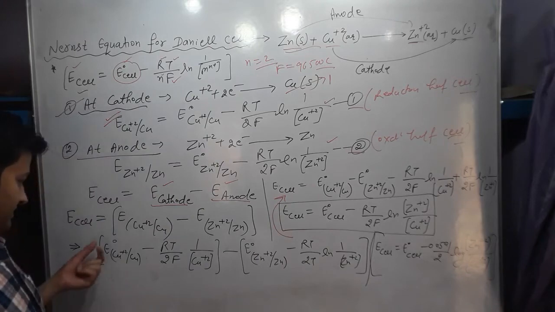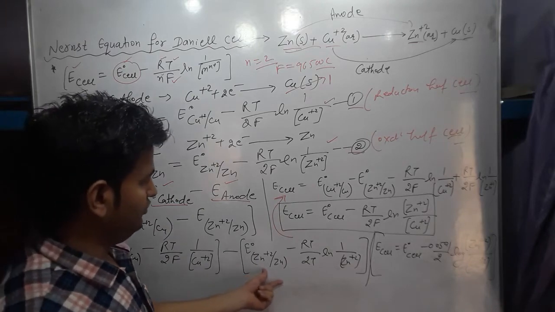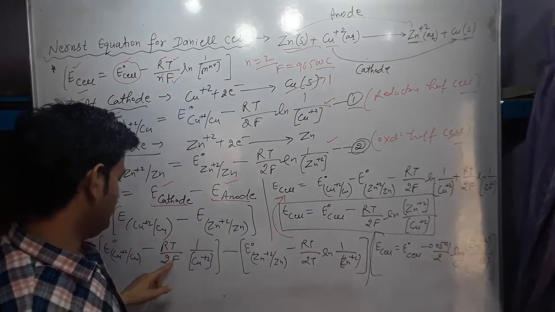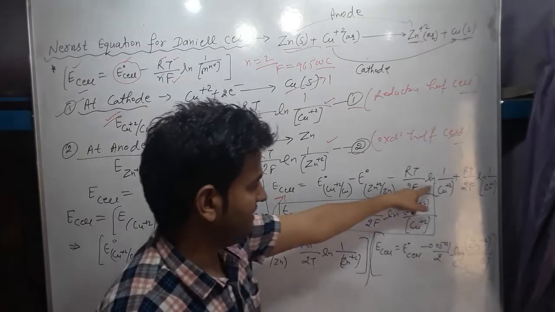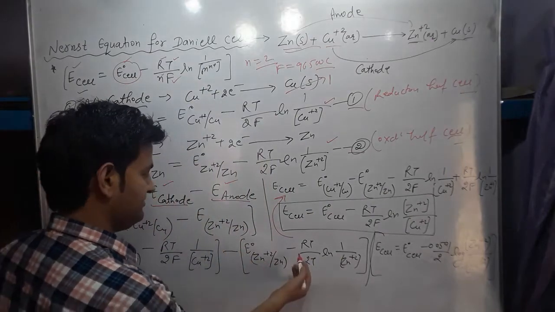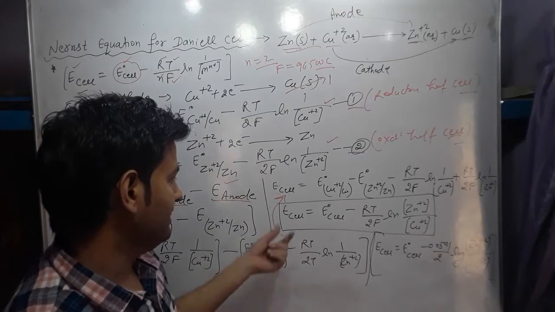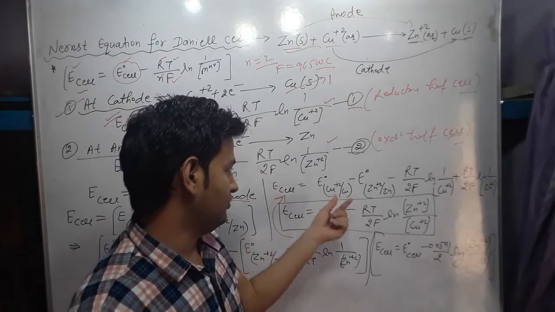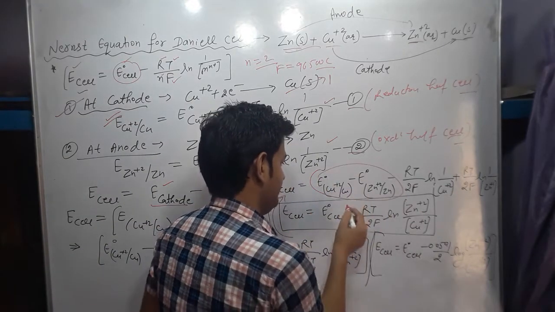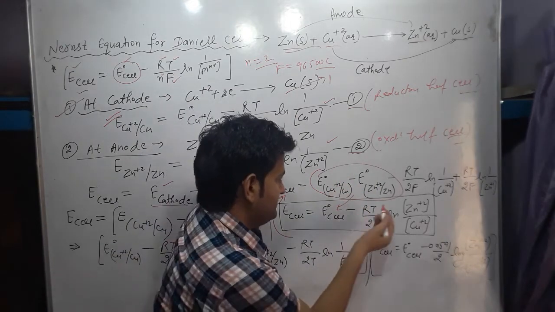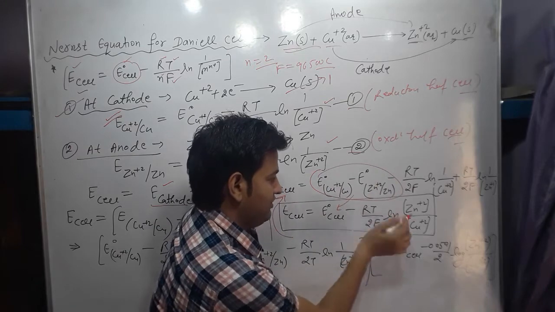From both these equations, E naught of copper and E naught of zinc are given here, minus RT over 2F ln of the copper ion written here, and this minus and minus convert into plus RT over 2F ln of this. Now we can use the EMF of the cell E naught. This is our standard EMF. It is written as E naught of the cell minus RT over 2F ln.